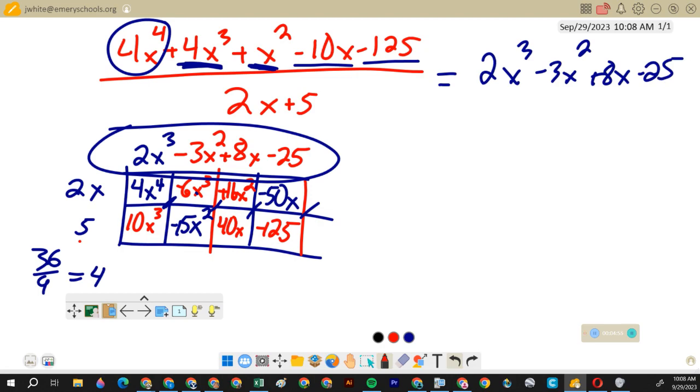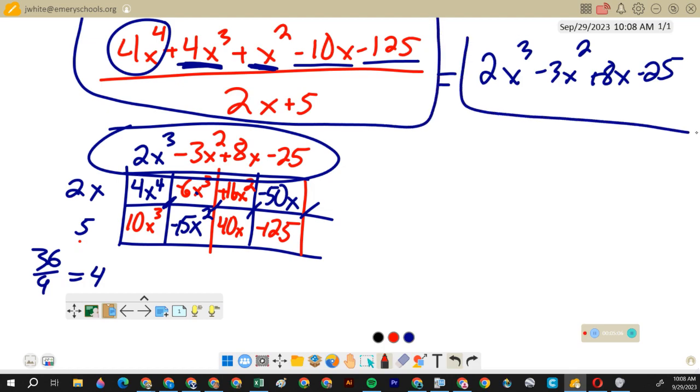So something really interesting happens here. How do those two expressions differ? What is the difference between this graph and this graph? Well, it's sort of like saying, what's the difference between 36 over 9 and 4?